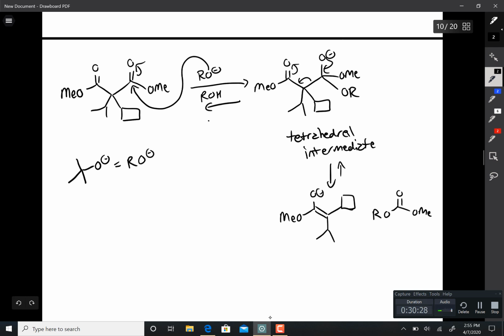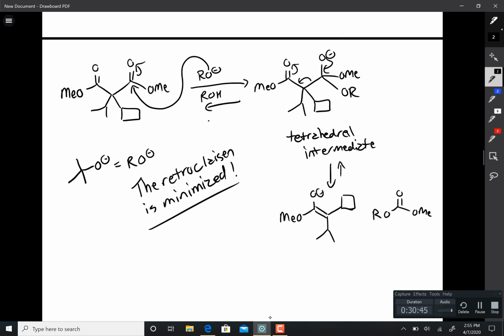When your RO minus is tert-butoxide, this is minimized. The reason why has to do with your first step, adding to the carbonyl. You're going from an sp2 carbon with 120 degrees to an sp3 carbon, the tetrahedral intermediate, 109.5 degrees.